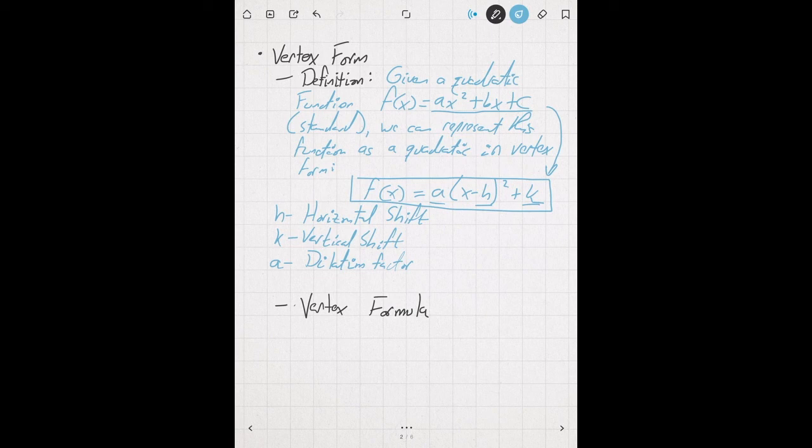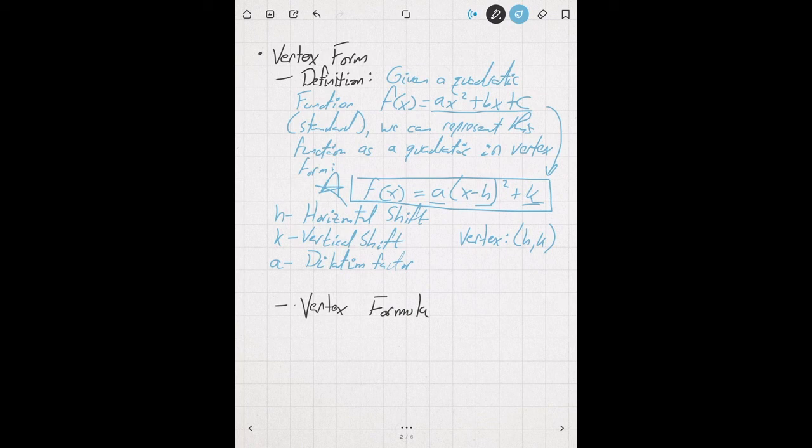If I had something in standard form, I don't really know off the top of my head what the vertex is. But if I have something in vertex form, something in this new format, I know that the vertex is going to be at the point h, k. The vertex is told to me because h says you start at the origin and move left or right over this many units.